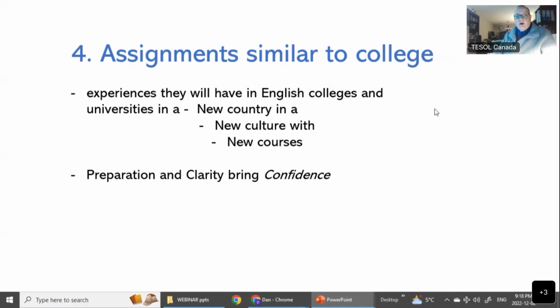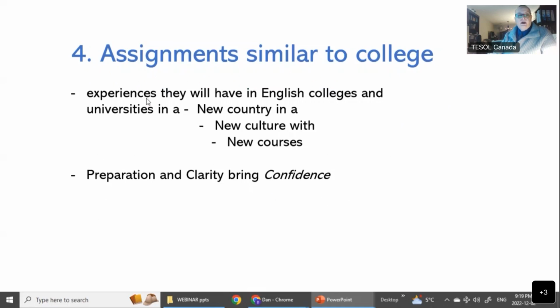Assignments similar to college. So you want to prepare your students for the college environment and the experiences they will have in English colleges and universities in a new country, in a new culture, with new courses. Preparation and clarity bring confidence.